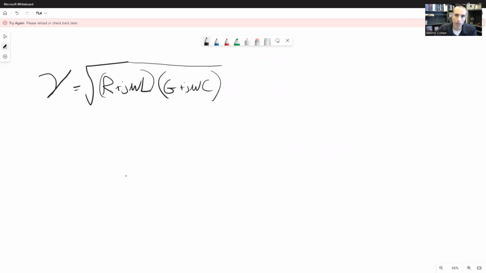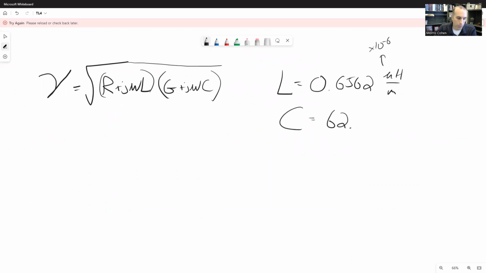We have a value of L equals 0.6562 microhenries per meter. A micro means times 10 to the minus 6. We have a value of C equals 62.339 picofarads per meter.